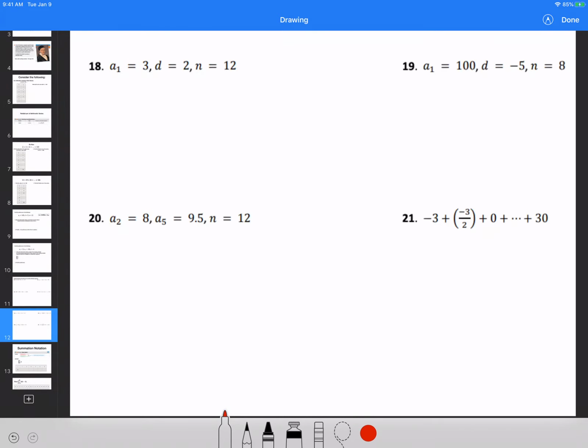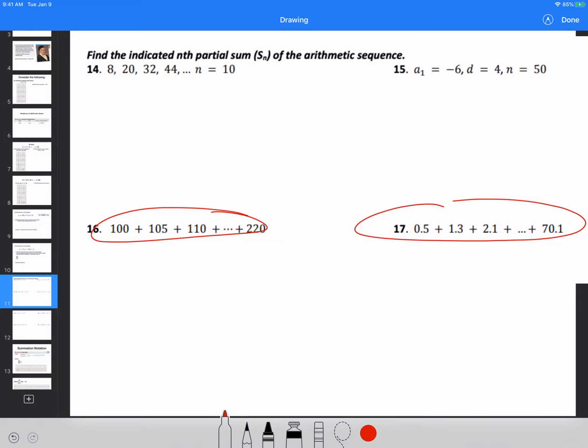So when we go to this question right here, we have to identify three things: a sub 1, a sub n, and the n value. The very first term and the very last term in the sequence are given to me, but we have no idea what n is. Remember, if we want to use the summation formula, we have to have all those three components.